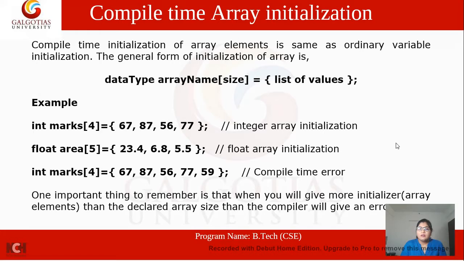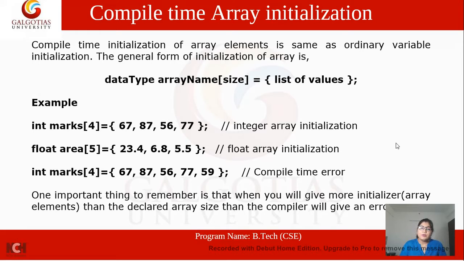The general syntax is: you first define the data type, then the array name, and then in square braces the size. This is the declaration part. Once you write the assignment operator, which is the equal sign, followed by a list of values, those values will be kept in each element of the array.